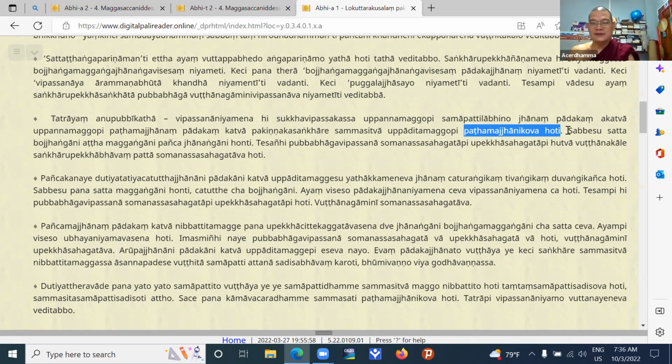So it is possible, whether you emerge from the jhana or not, you can take the jhana as vipassana object anytime. Because you have attained jhana, you observe the first jhana, even though you did not enter upon it.